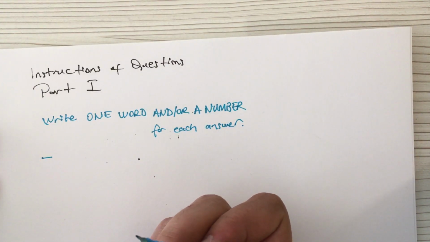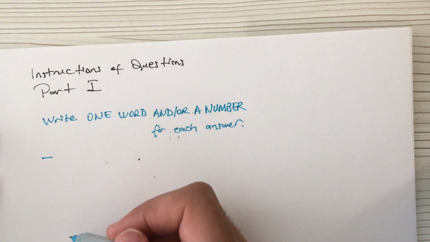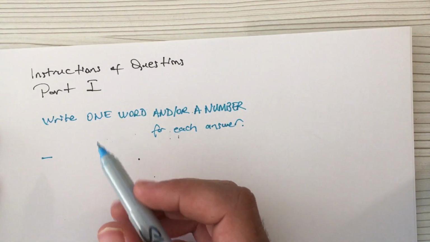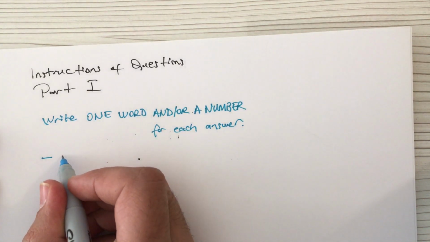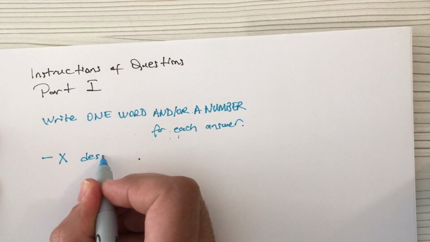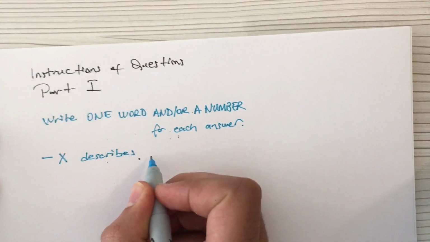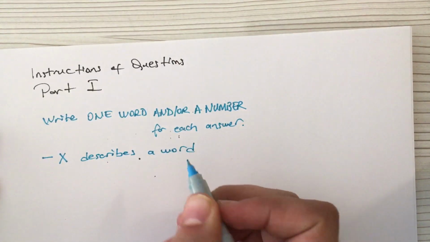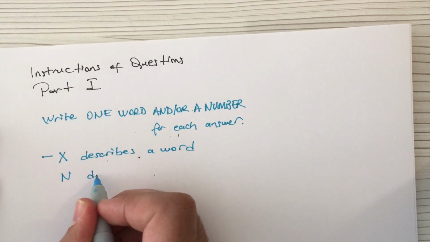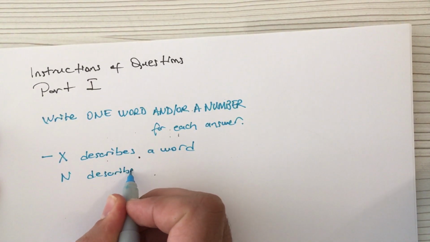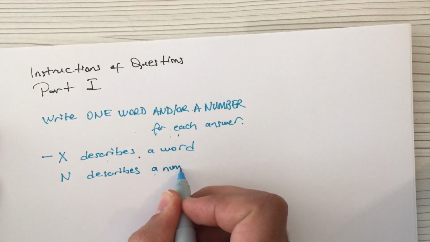Let's formalize our answers. All possible answers will be, let's say X describes a word, N describes a number.